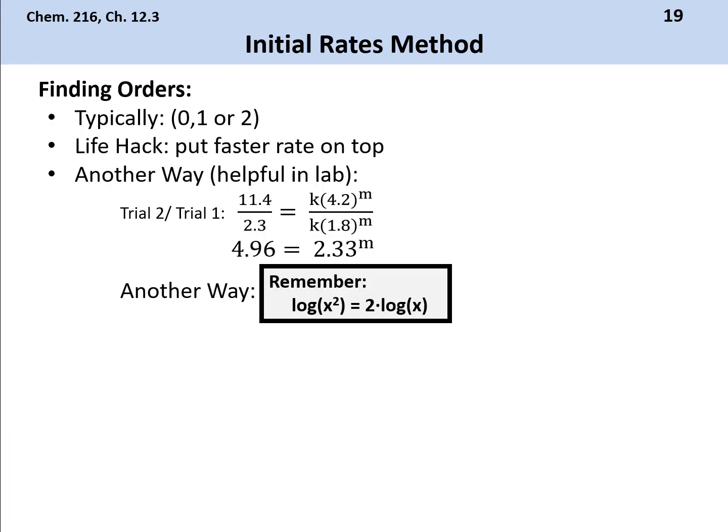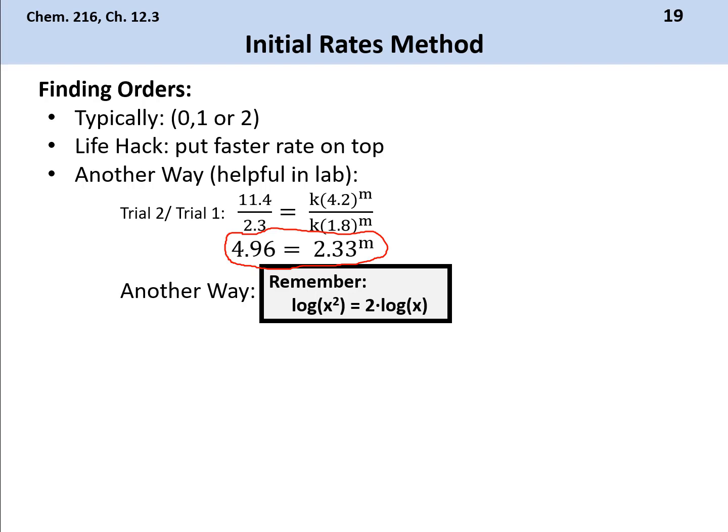Okay, now there is one other way to figure out m, and this is something that can be helpful in lab. So let's say, again, we come up with this, where we have 4.96 equals 2.33 to the m. Another way to find m is to use a trick that we learned in math class. And that's that if I take the log of a value, right?